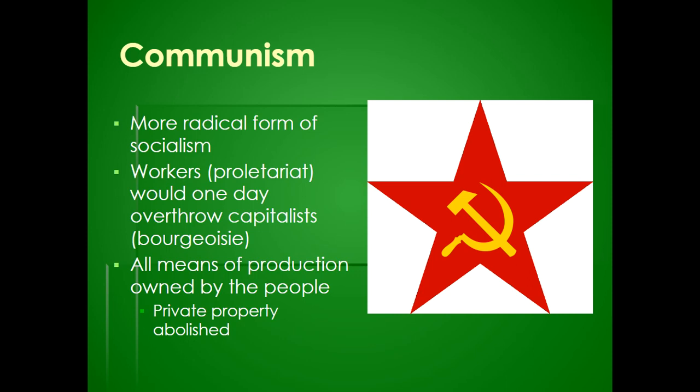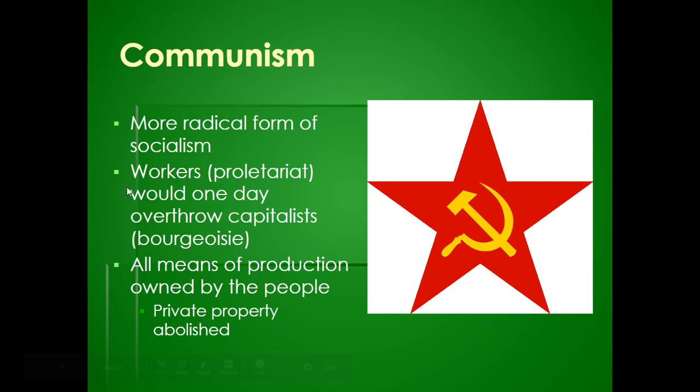Okay, so the problem with communism is that it doesn't actually work in practice. And the gap between the rich and the poor that Marx was referring to doesn't necessarily widen as much as Marx predicted. And that's due to reforms that are made to improve the lives and the working conditions for the working class.